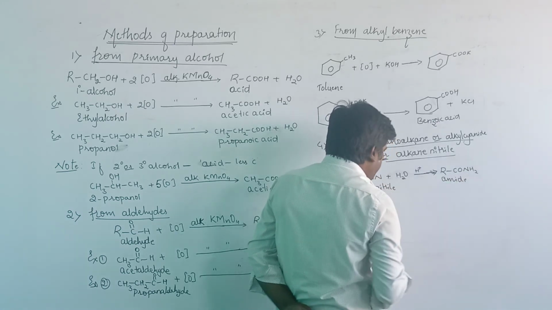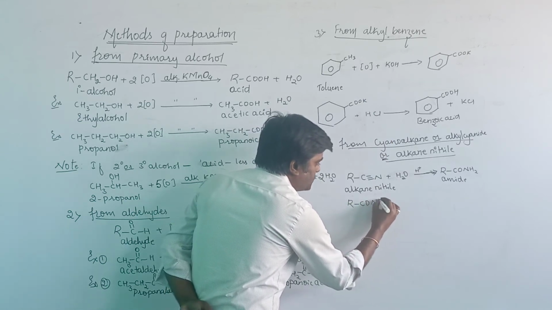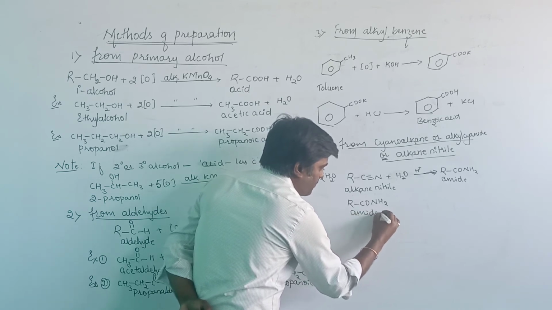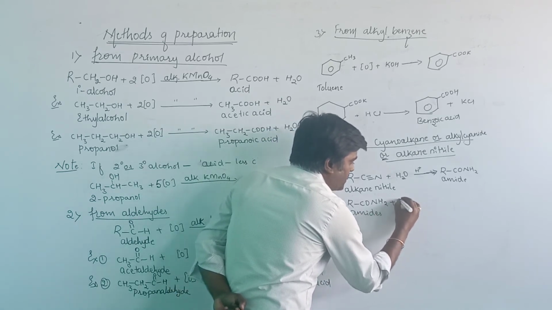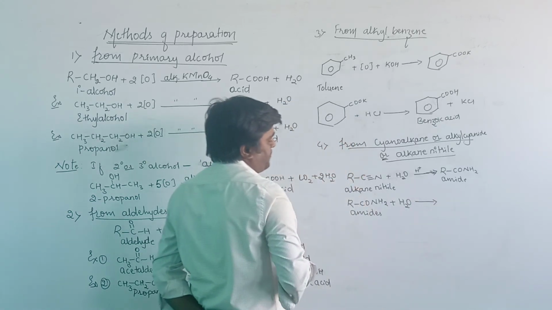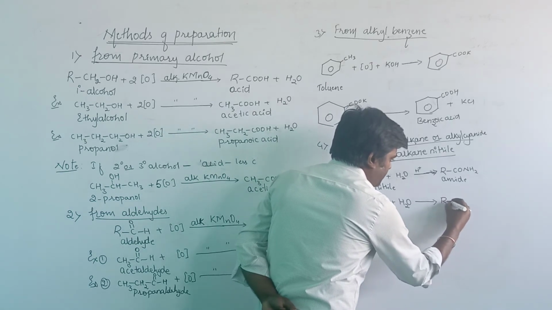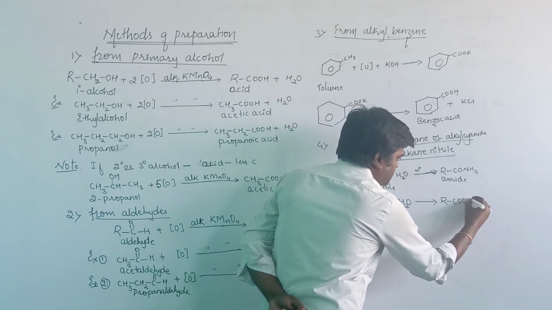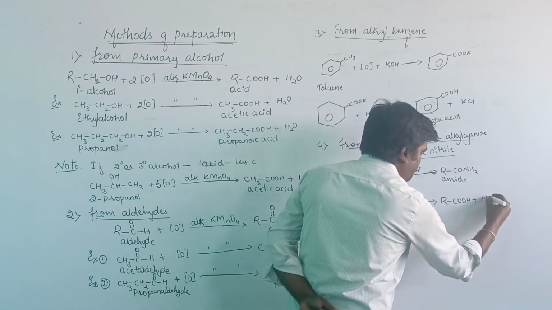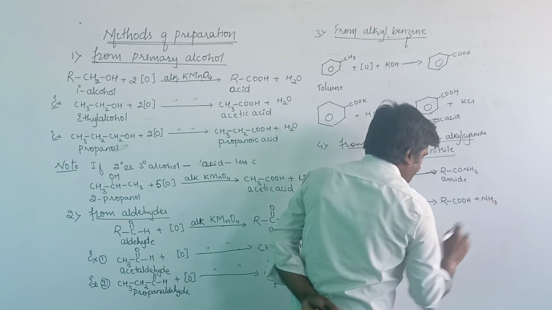When this amide, RCONH2, undergoes further hydrolysis, it will give the carboxylic acid, RCOOH, plus NH3, that is ammonia, the byproduct.